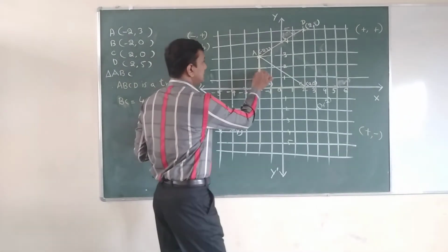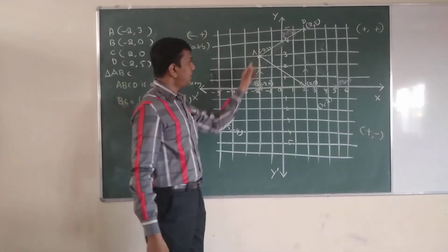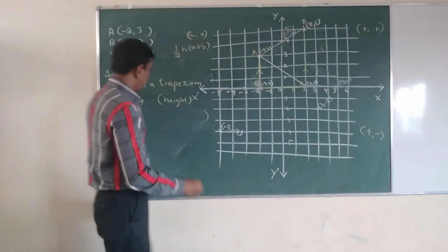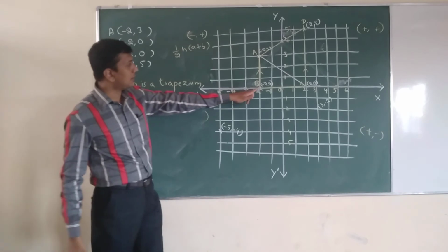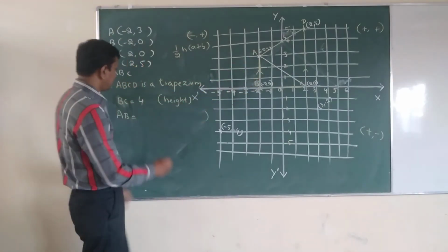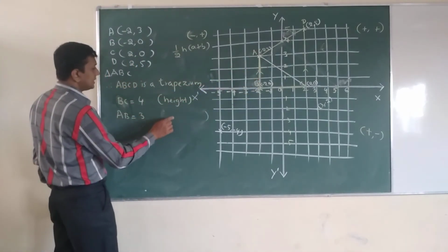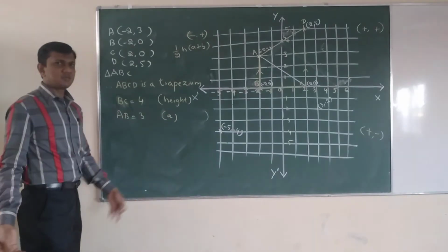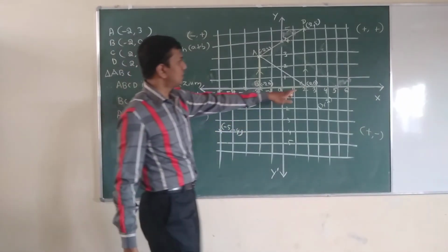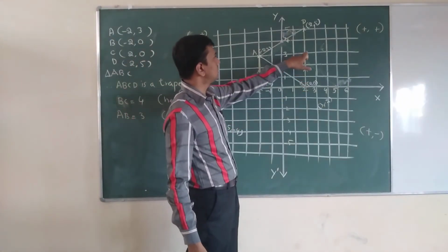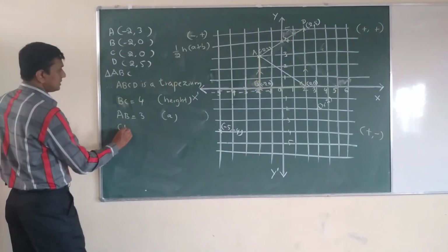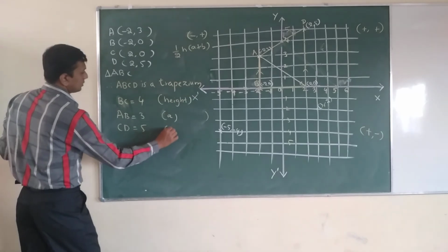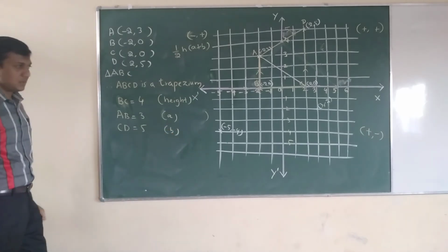These are the parallel sides we have: AB length as well as CD length. AB length we have already calculated, 1, 2, 3, 3 units. This is small a, or small b also you can consider. CD length is 1, 2, 3, 4, 5. It is nothing but the B value.